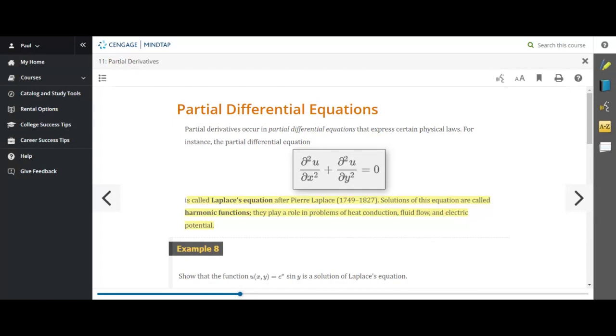And there are also wave equations that are based on these second partial derivatives. There's a whole course on partial differential equations that we don't teach at Montgomery College. We teach the regular ordinary differential equations, but these partial derivatives will come up later on in engineering applications.